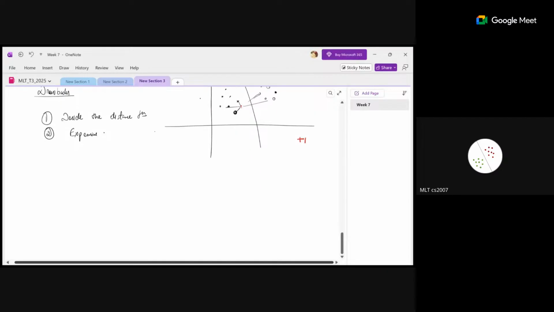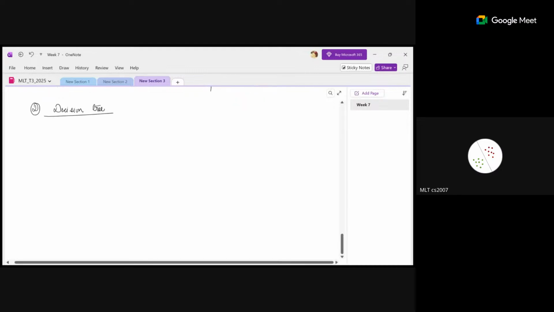So now let's see another algorithm, which is decision tree. Decision tree, right? Okay.